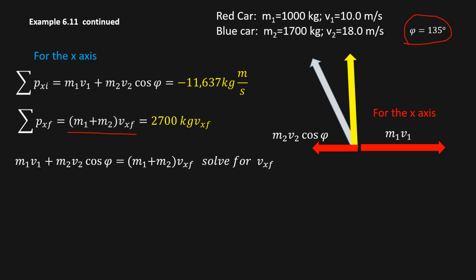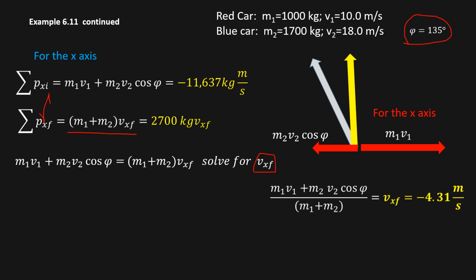Then we're going to equate these two equations and solve for Vxf. And when we do, we get negative 4.31 meters per second.